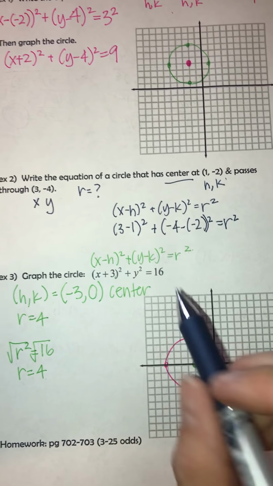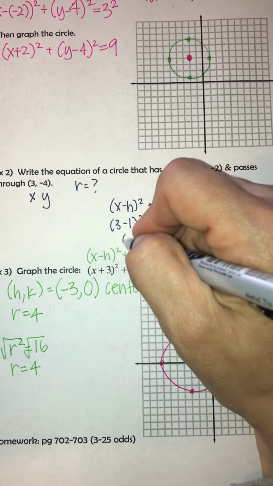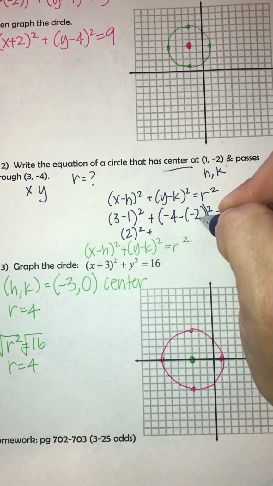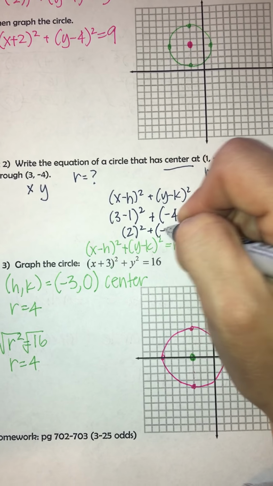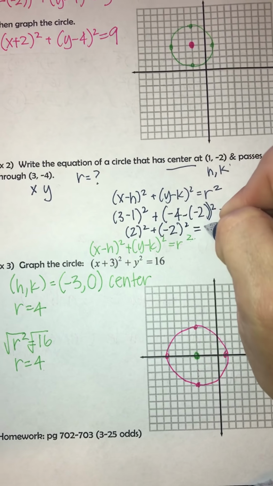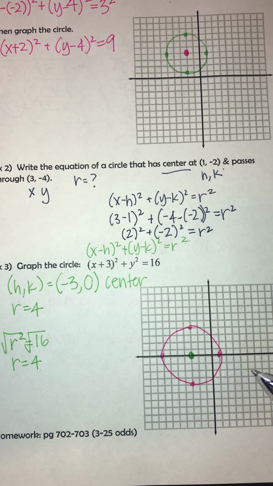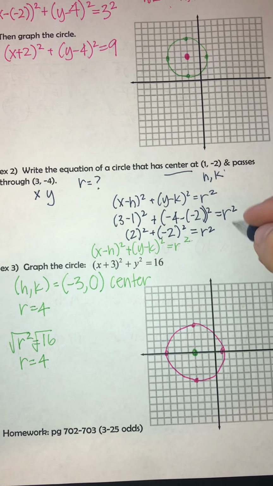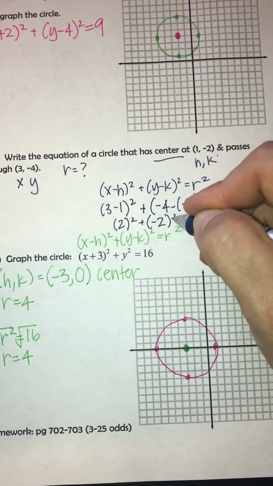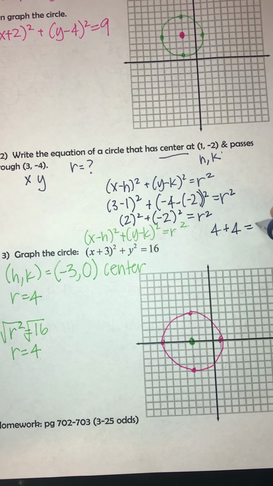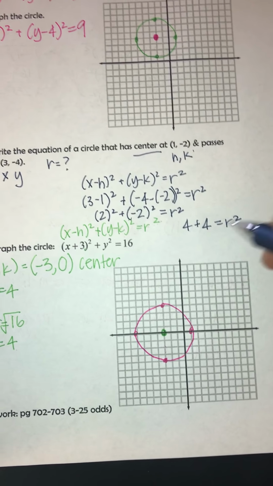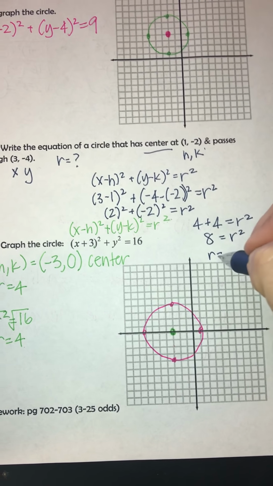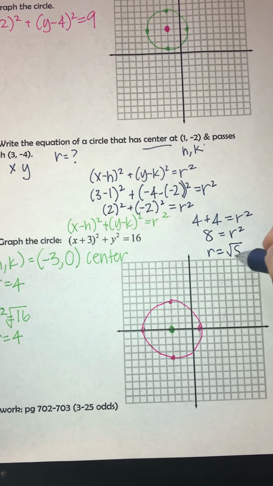So 3 minus 1 is 2. Negative 4 plus 2 is going to be a negative 2 squared. And again, this is all going to equal r squared. So 2 squared is going to be 4. Negative 2 squared is also 4. 4 and 4 is 8. It's going to be r squared. So r is going to end up being the square root of 8.